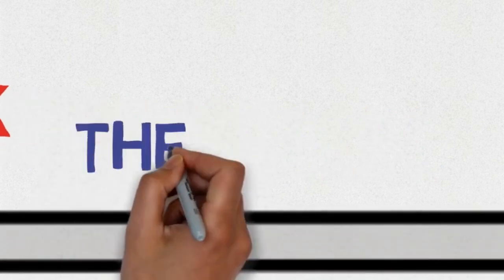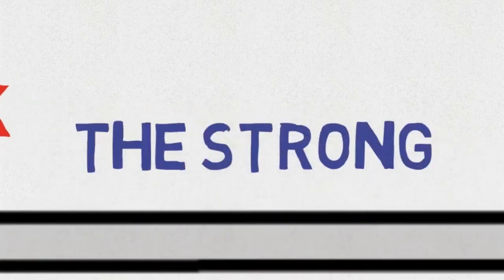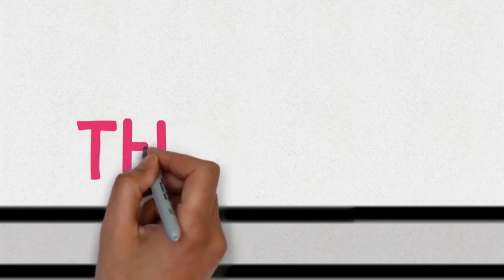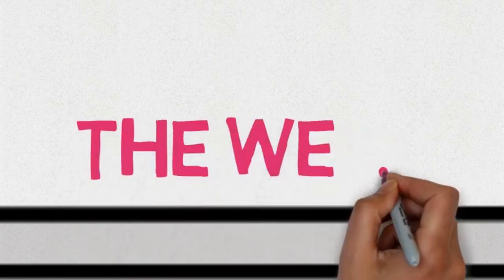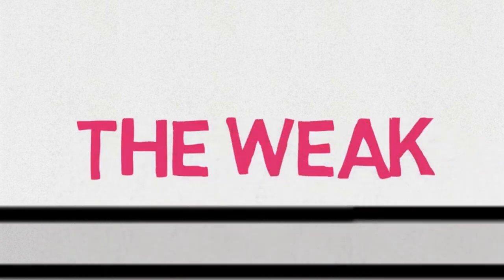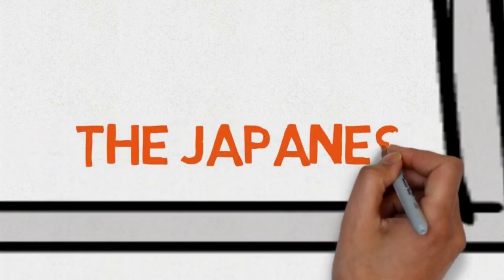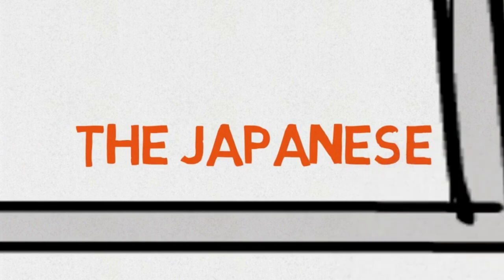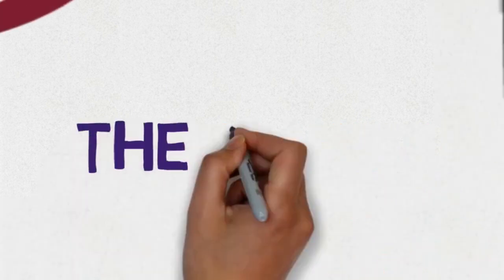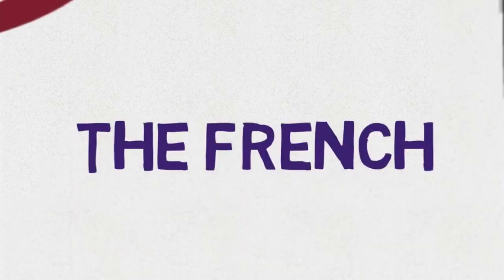The sick, المرضى, the strong, الأقوياء, the weak, الضعفاء. And also there are a number of collective adjectives that refer to nationality and are treated as plural nouns, like for example the Japanese, اليابانيون, the French, الفرنسيون.